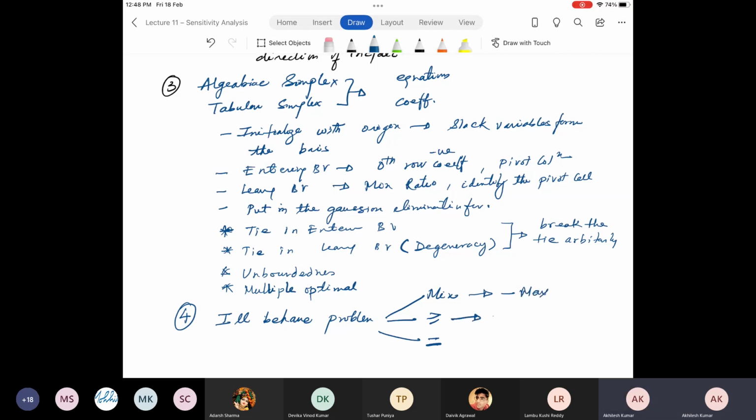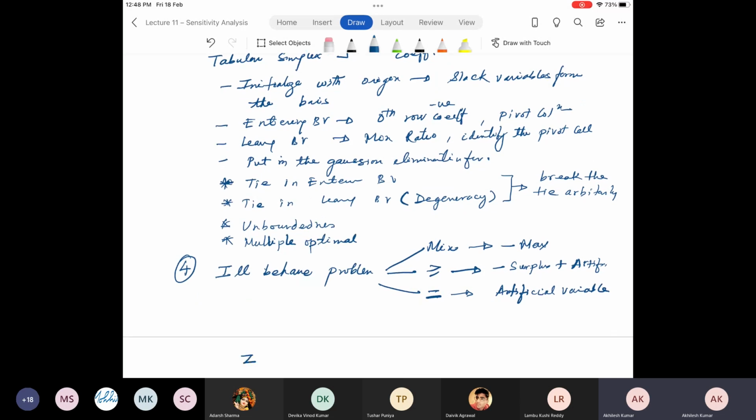For greater than equal to, first subtract a surplus and then add an artificial. For equal to type, add an artificial variable. Right? After you do this operation, remember that the G equation should be free from basic variable, or more precisely artificial variable, because artificial variable will come into your basis.